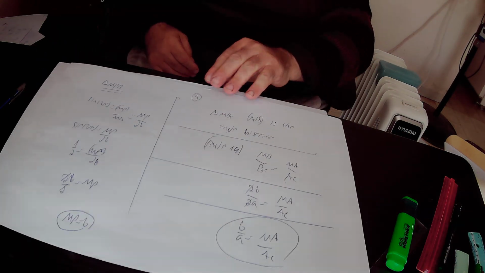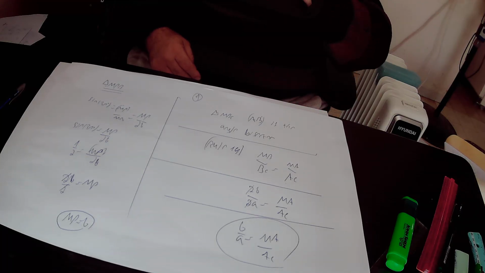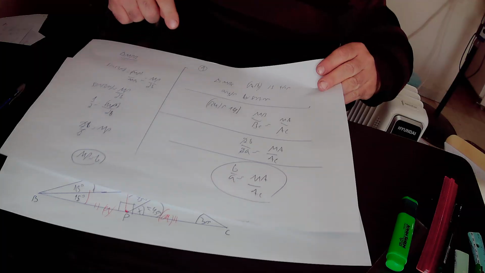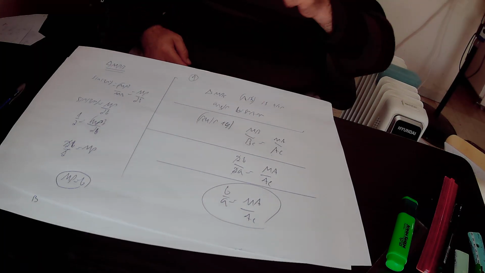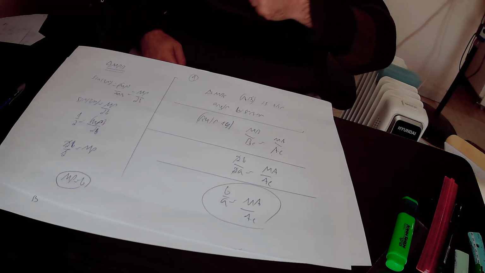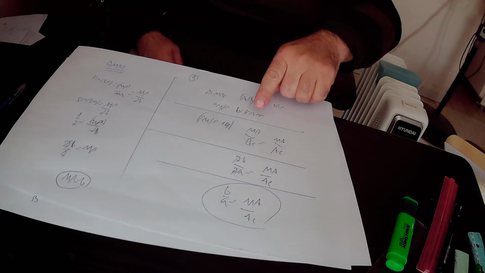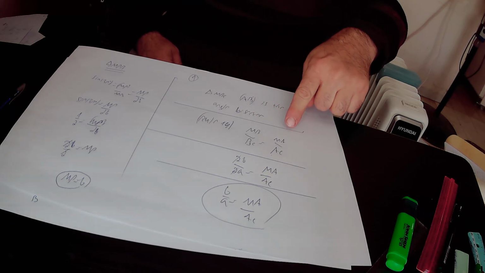Again, in the right triangle MBC, AB is the angle bisector of angle MBC, and therefore according to rule 19, angle bisector AB divides the side of the big triangle MBC proportionally. That is to say, MB over BC equals MA over AC.